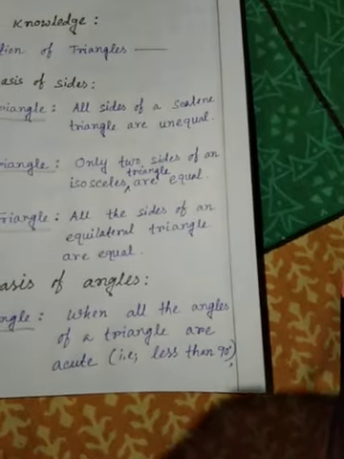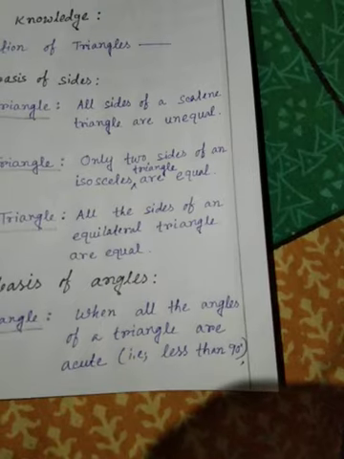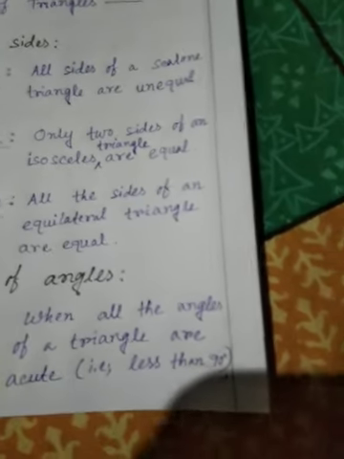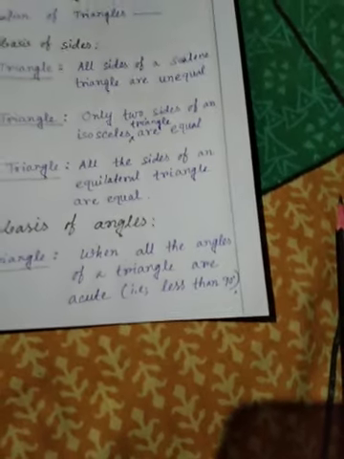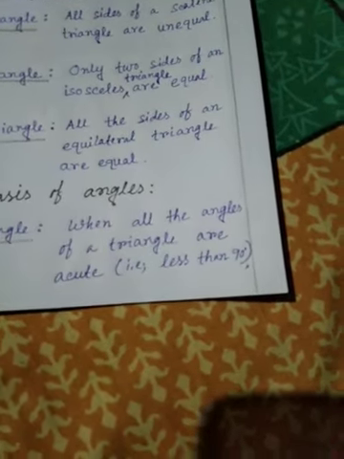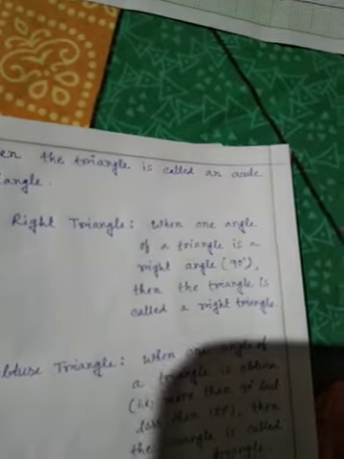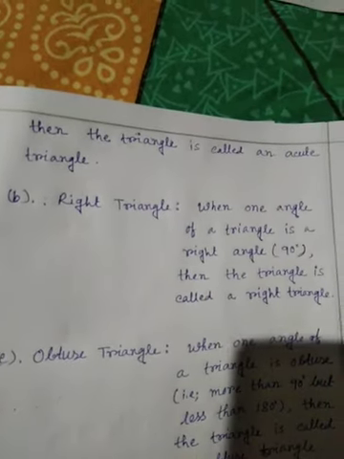When all the angles of a triangle are acute, that is less than 90 degree, then we can say that the triangle is called an acute triangle.